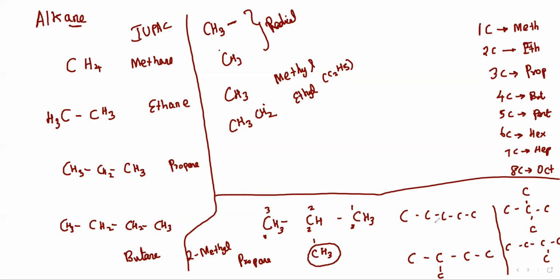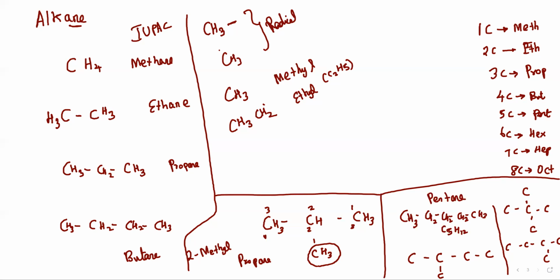Now come to this 5 carbon concept. Here you can fill it in, right? Here it needs 3 hydrogens, then 2, 2, 2, and 3. So it is simply pentane. Am I correct? 5 carbons and 12 hydrogens, C5H12, pentane.